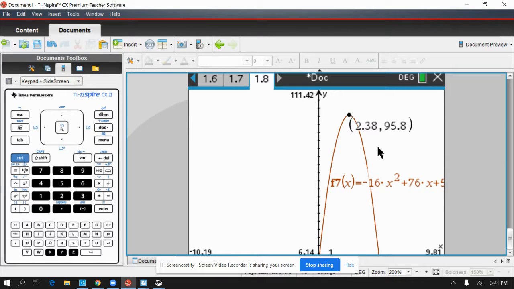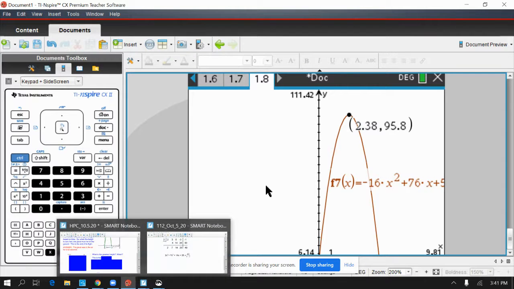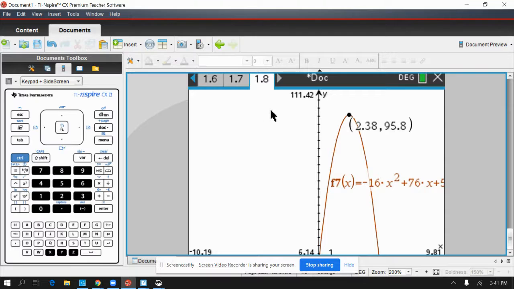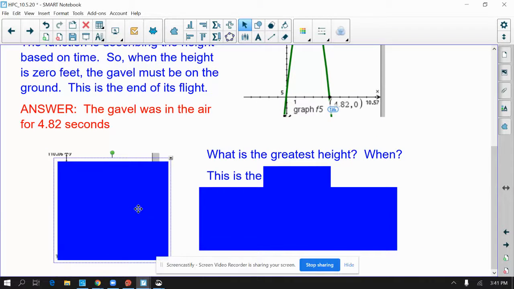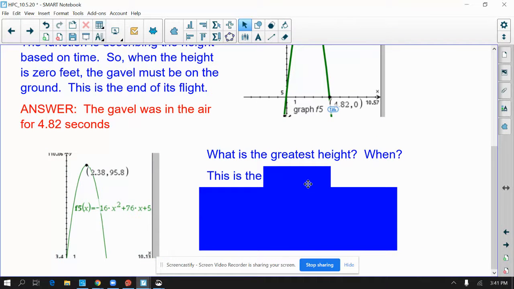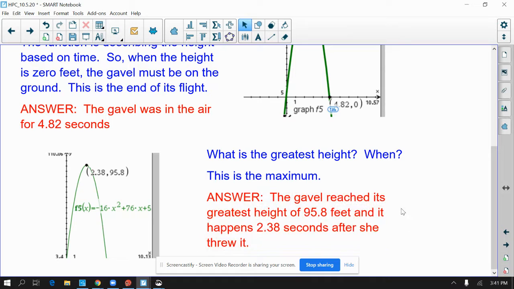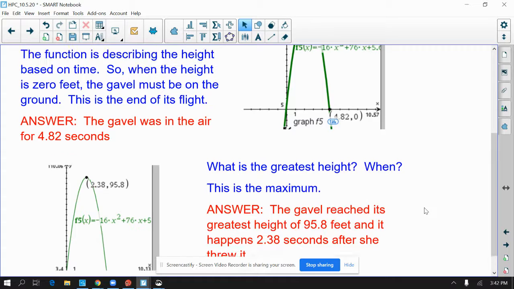So, in other words, 2.38 seconds into the throw, the gavel was at its maximum height of 95.8. So if there are any birds flying around, I hope all the birds are at least 96 feet in the air so they could dodge the gavel. So 2.38 seconds after she threw it, it's at its greatest height.